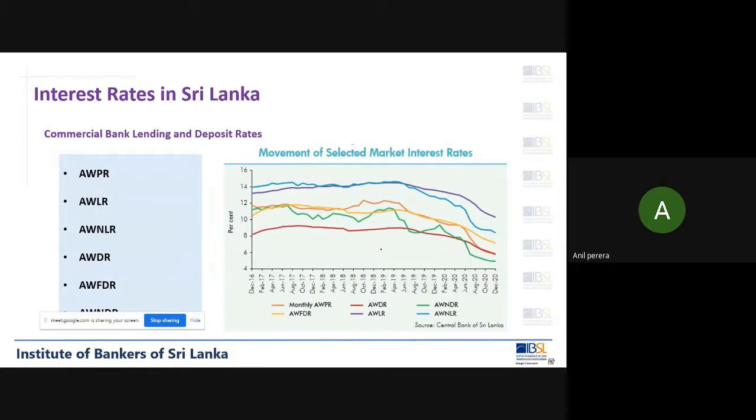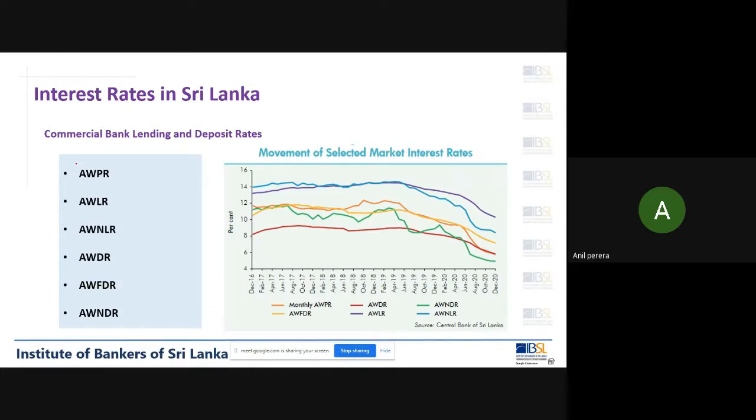Now the market interest rates. Commercial bank lending and deposit rates are the key market interest rates. Here we have a whole lot of interest rates, and I would be really grateful if you can come up with definitions for all these different weighted average rates.